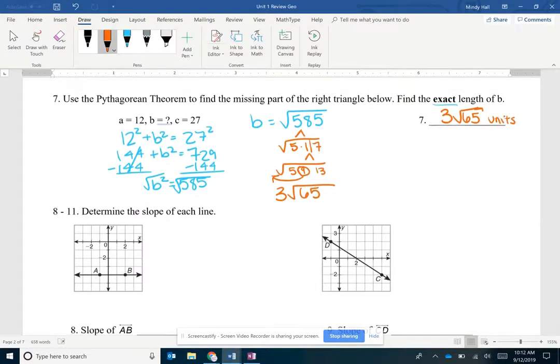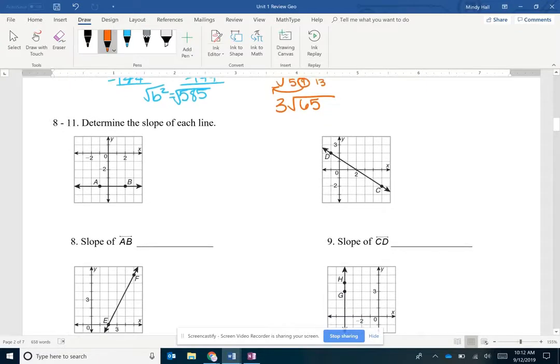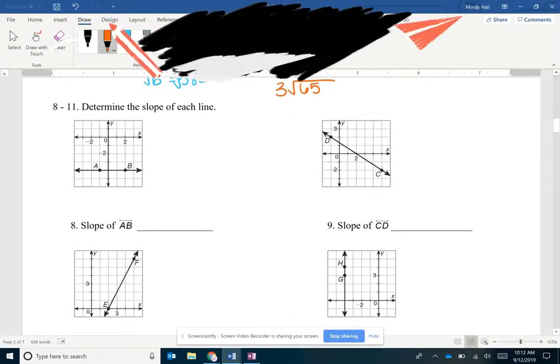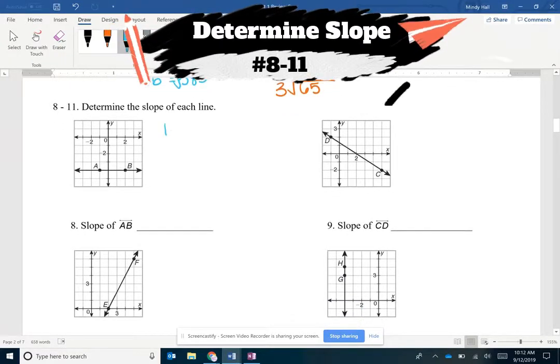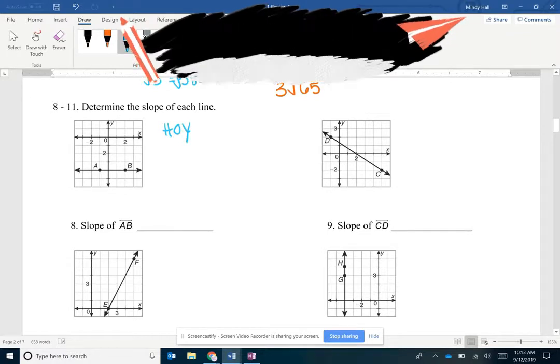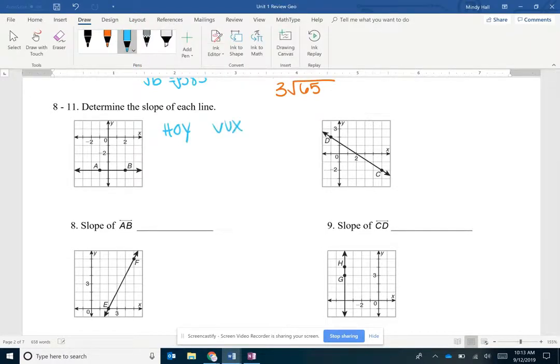All right, so now we're going to determine the slope of each line. When you have horizontal and vertical lines, you want to think of hoi and vux. Hoi tells you horizontal has a 0 slope, so I know the slope of AB is 0. For CD, we can count.